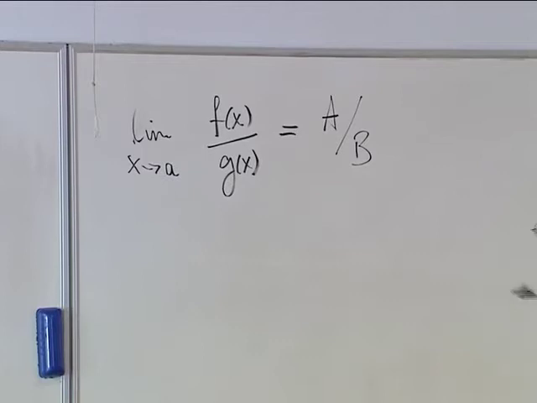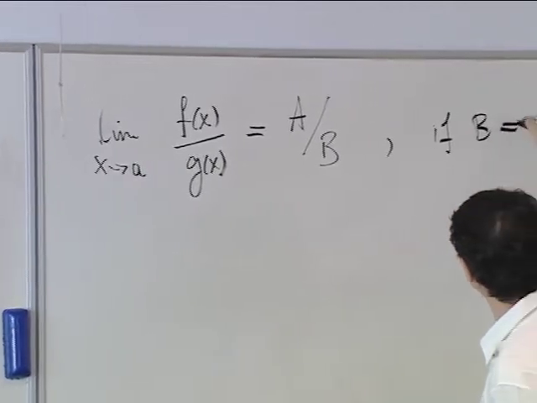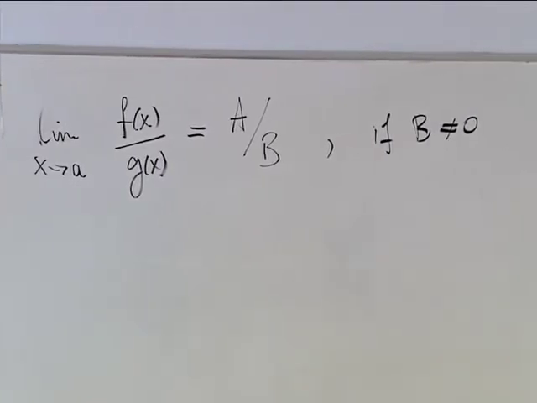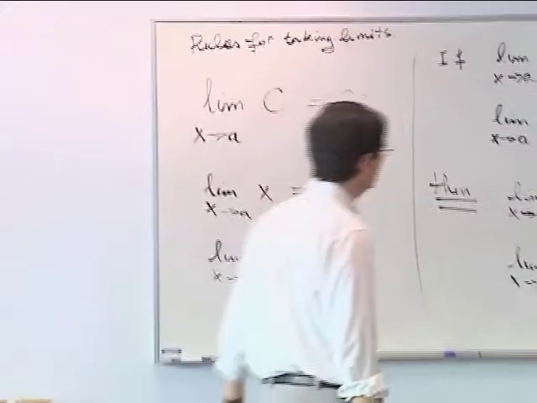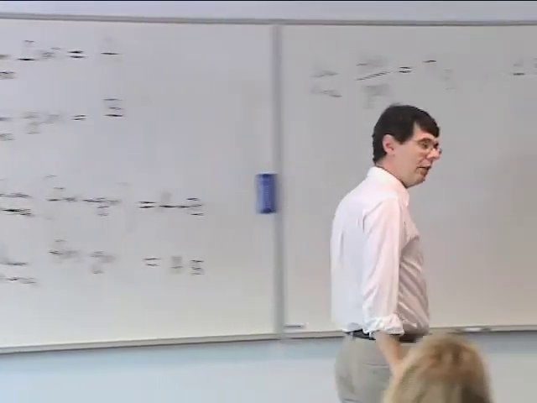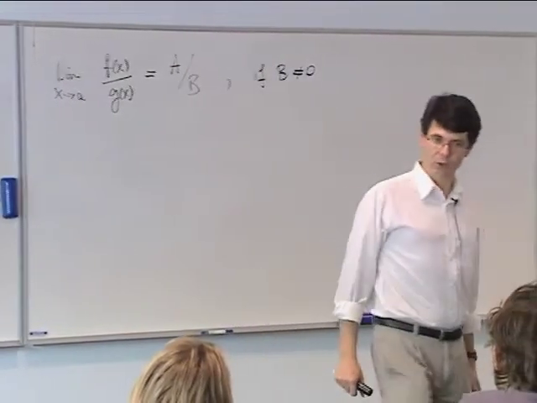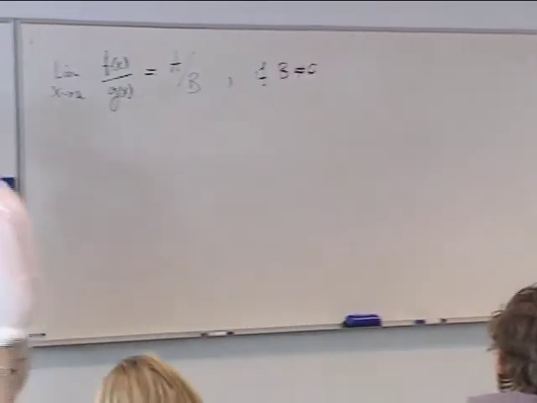So this is OK if B is not 0. If B is 0, that formula does not work, OK? Don't divide by 0. Dividing by 0 is like guaranteed to get the tax return people knocking on your door. Okay? You don't want it to happen.